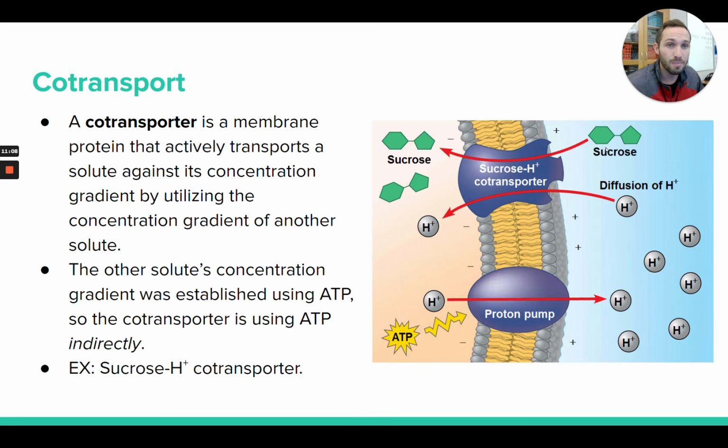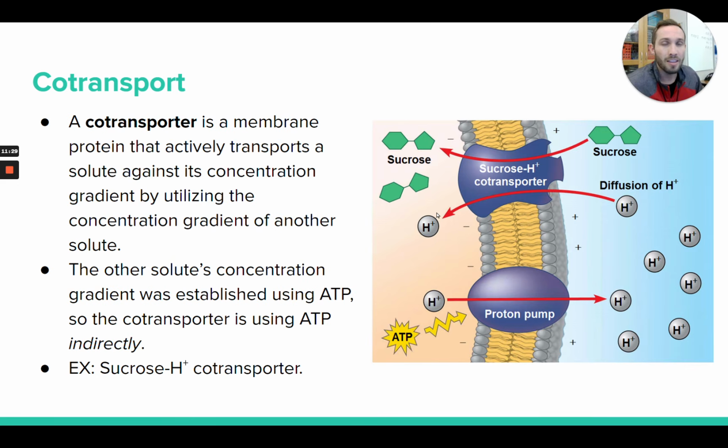But the sucrose that's being moved is being moved against its gradient. It's being moved into the plant cell where there's already a lot of sucrose, and the plant wants to move even more sucrose into the plant cell. So the sucrose is being moved against its gradient. Hydrogen ions are being moved along their gradient.